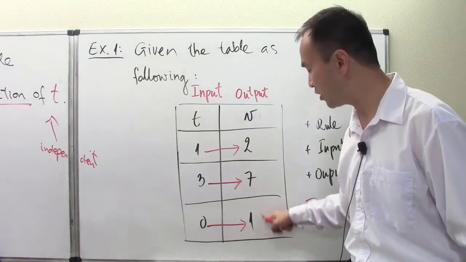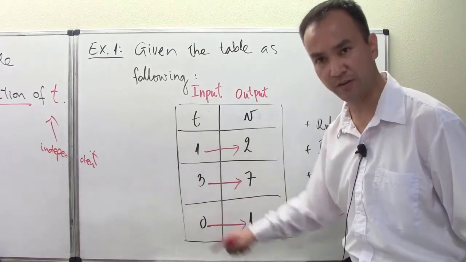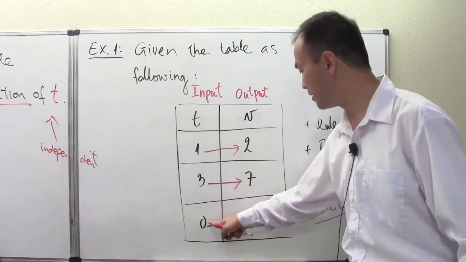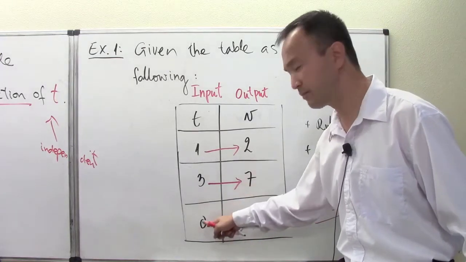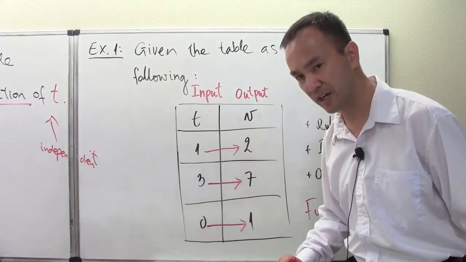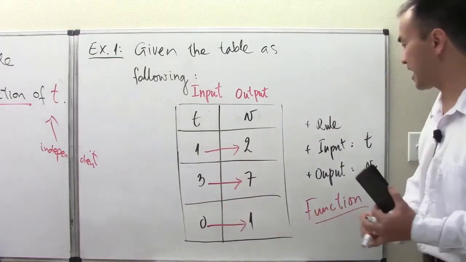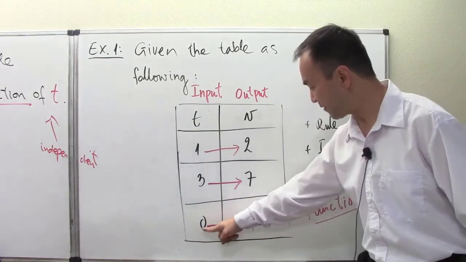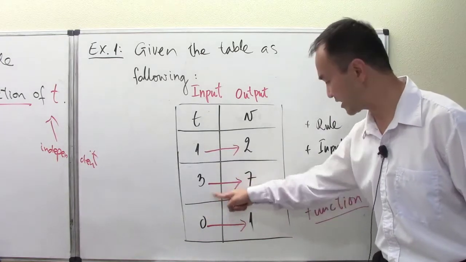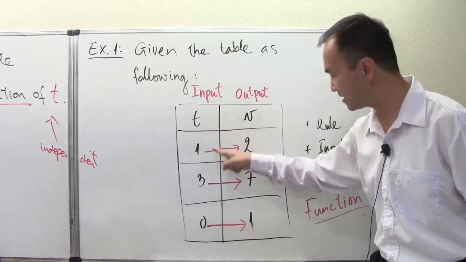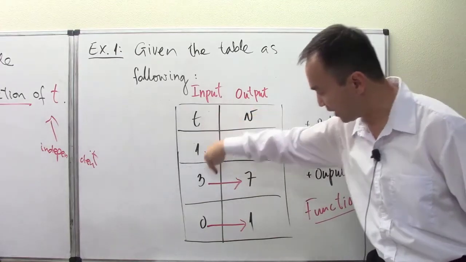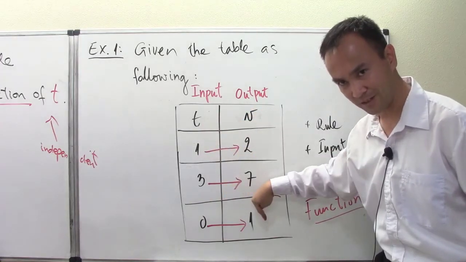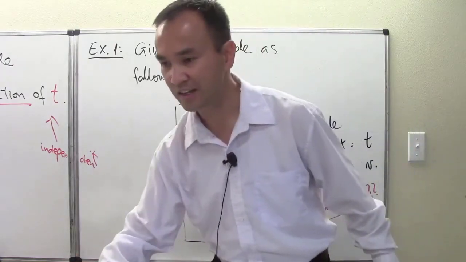There's only 1 being the only output for 0. 0 doesn't go to 7 at the same time. 0 doesn't go to 2 at the same time. So now I can say yes: for each input, there's exactly one and only one output.